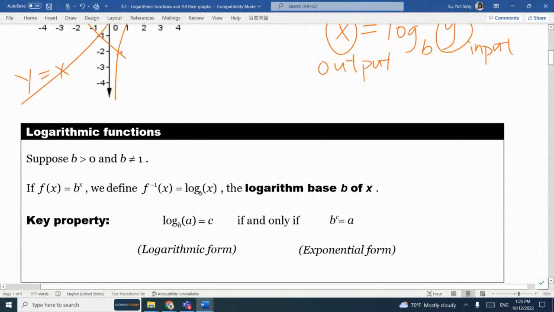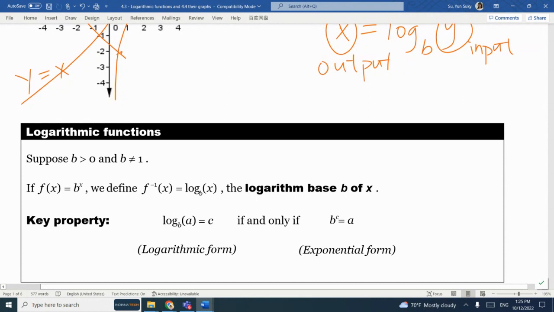Okay, the logarithm function. Since the base b is greater than 0 and not equal to 1, if f of x equals b to the x, we define the inverse function to be log b of x. The base is b. The property is, we have the logarithm form and the exponential form.